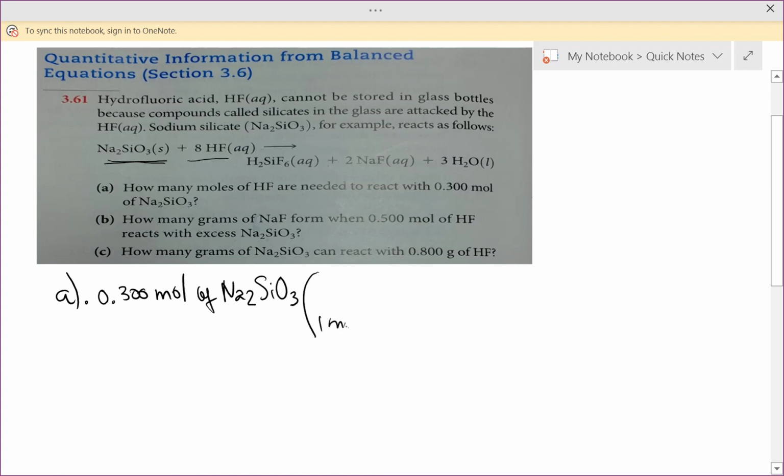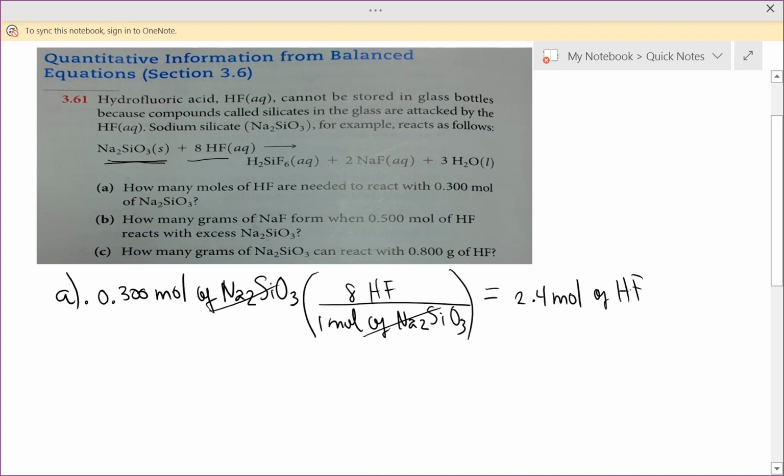So 1 mole of Na2SiO3, we have 8 moles of HF. So we cancel these units out and we get that this is equal to 2.4 moles of HF.